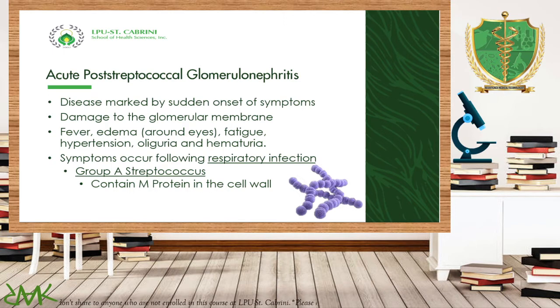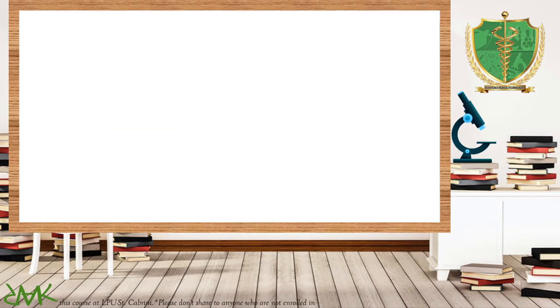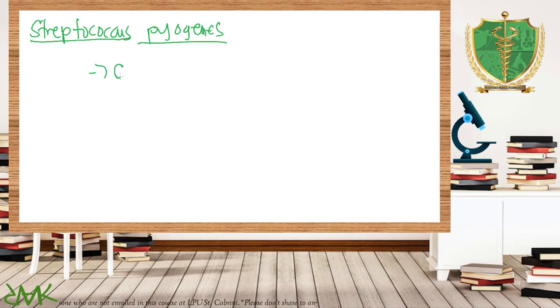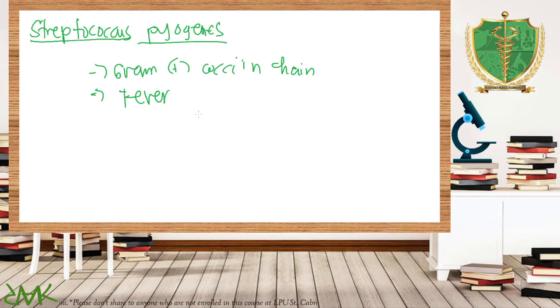which invades the deeper tissues and organs. Okay, so I will write it so that you will remember, even though this is not our bacteriology class. Now, remember guys, Streptococcus pyogenes is a gram-positive cocci in chain. That's why it's called strep, right? This is a fever-producing bacteria, it can cause fever.